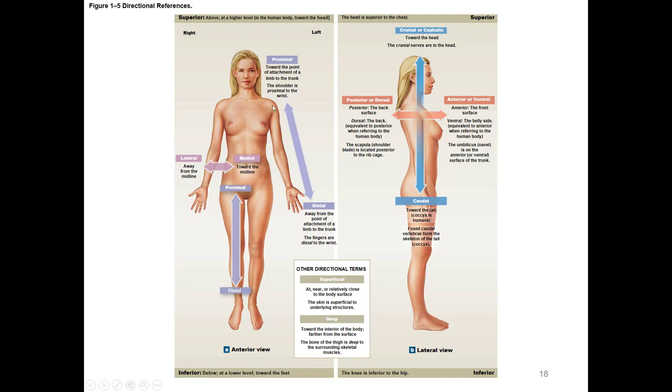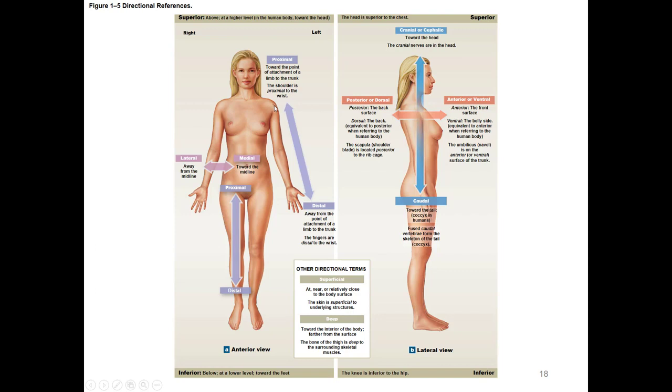Proximal means toward the point of attachment of a limb. So this limb is the arm. Proximal means close to the point of attachment. So the point of attachment of the arm would be the shoulder. Okay?